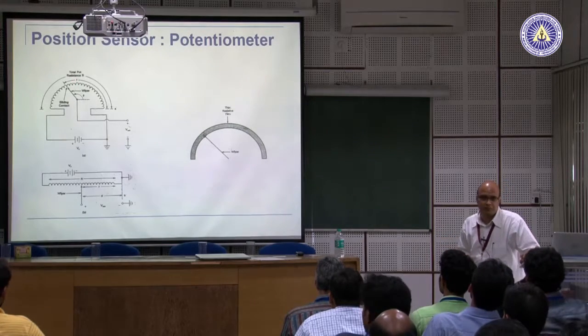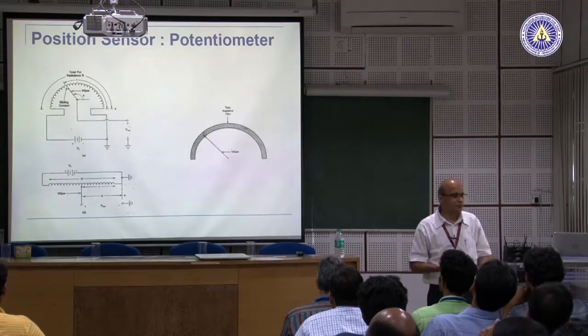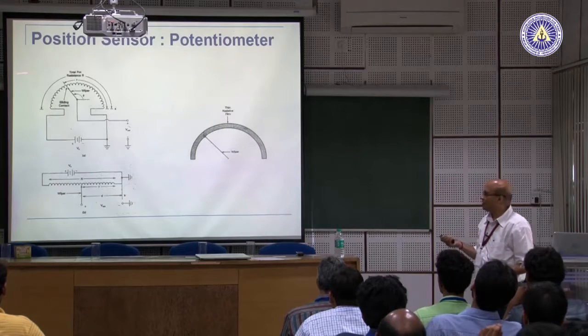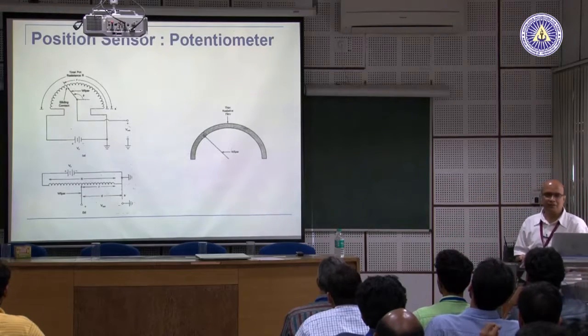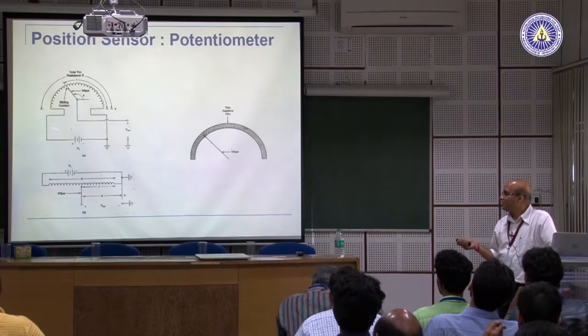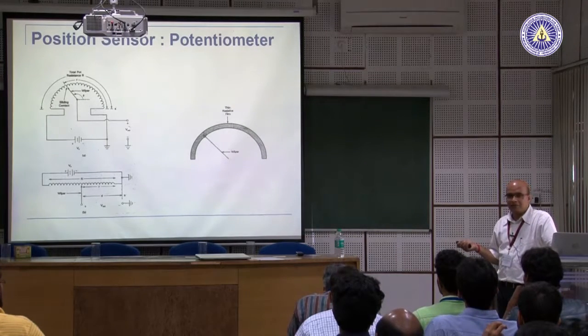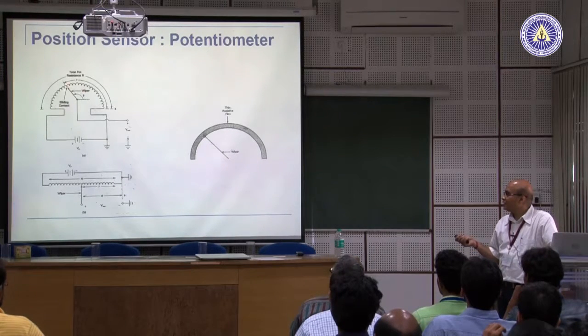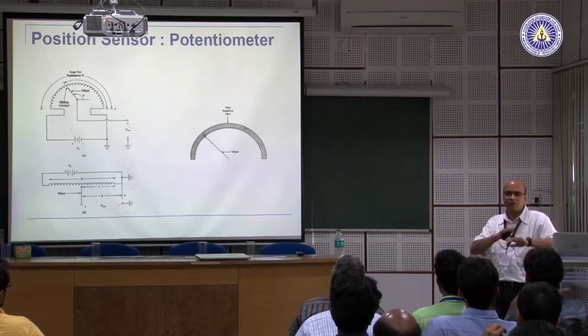Now, this is very cheap, it costs 100 rupees, 150 rupees. It is not bad, you can get accuracies of 0.5 degree, 1 degree, 1.5 degree, it is okay, but it has bad effects. One is that because it is actually in contact, after some time it will start rubbing and the contact will wear off, because there is physical contact between the two.